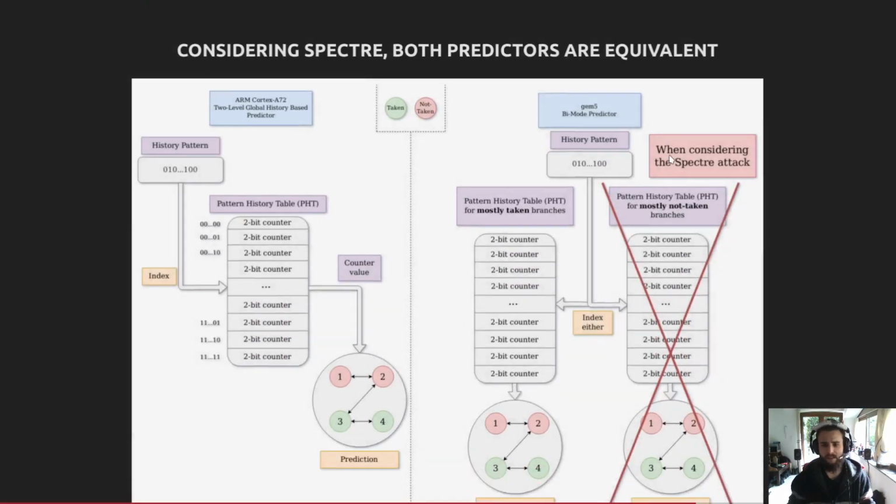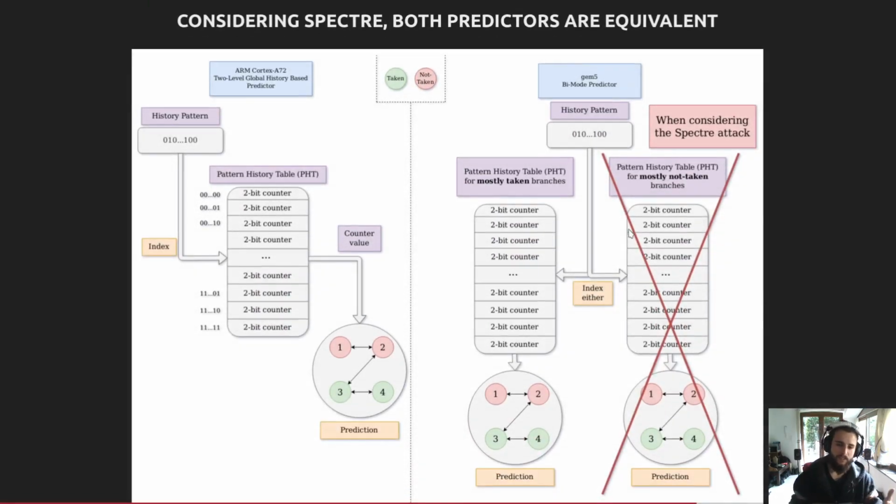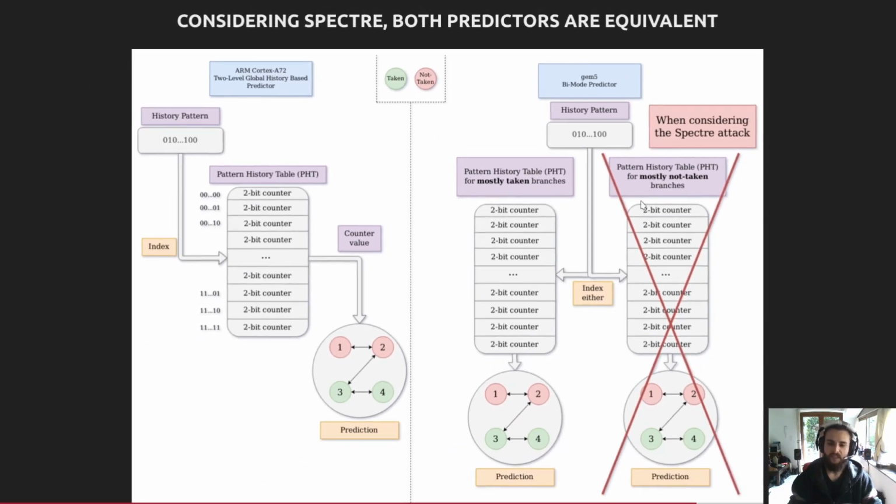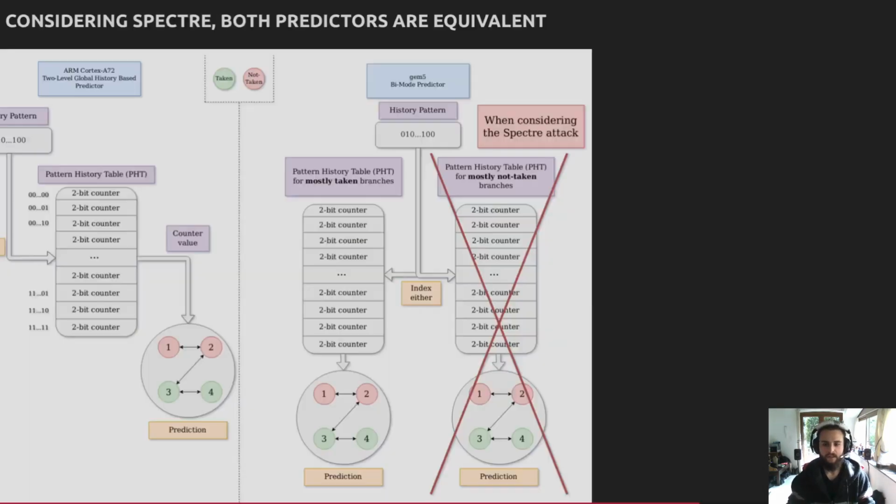But when considering the Spectre attack, since the attack trains the branch predictor to take the victim branch as a mostly taken branch, for that particular branch, the BiMode predictor should only consider the left PHT, that means this one. And if we don't care about the PHT on the right, it's equivalent, both designs are equivalent. So this is in theory, and it will be verified in the next section.